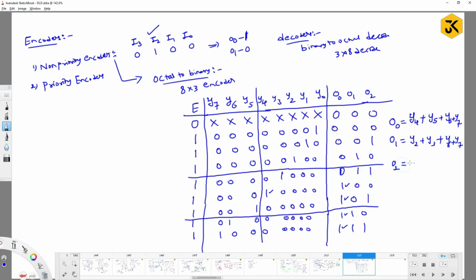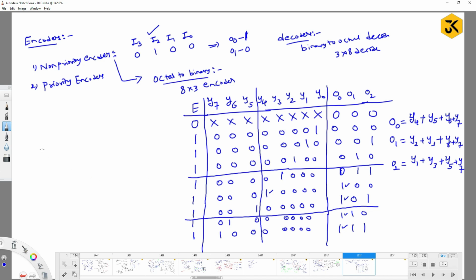Similarly, O2 you get because of Y1, Y3, Y5, Y7. So now you can simply construct its circuit diagram.